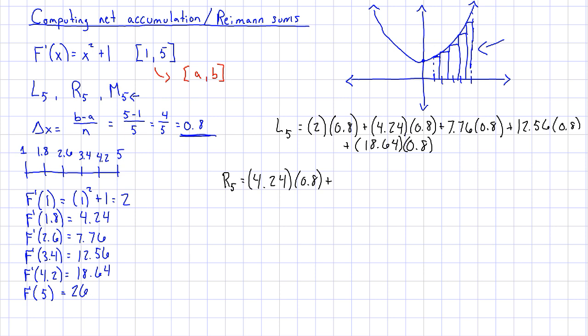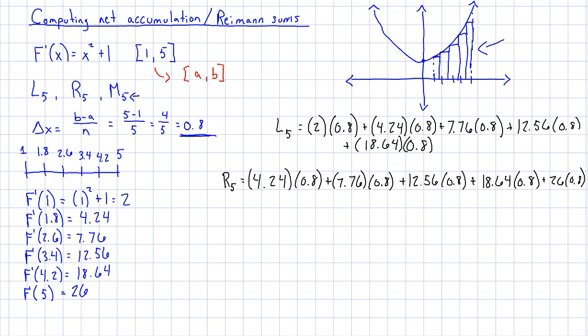So then I have 7.76 times 0.8, 12.56 times 0.8, 18.64 times 0.8, and 26 times 0.8. And that will be my right-hand approximation.